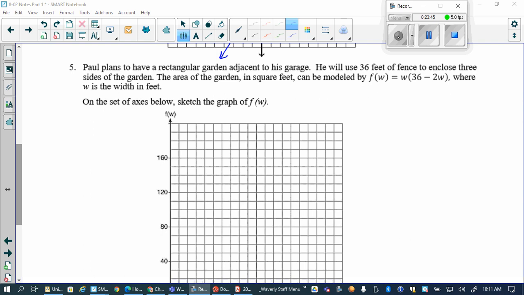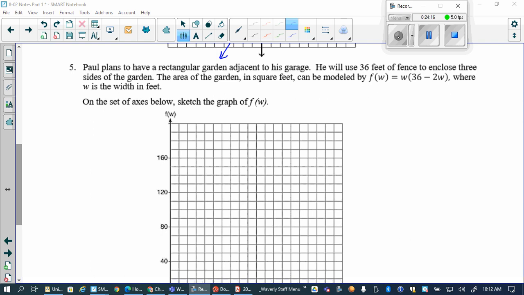Hannah, what's he doing to the garden? Well, what's he going to do to it then? We'll read the problem. You will use 36 feet of fence to enclose. All right, so he's putting fence around 3 sides of it.